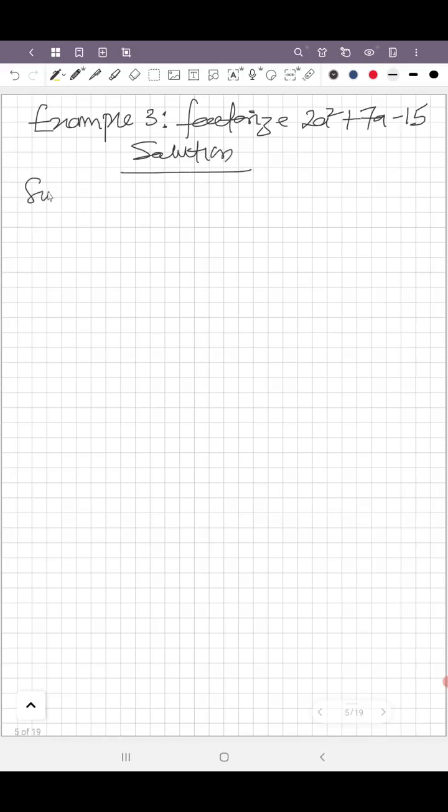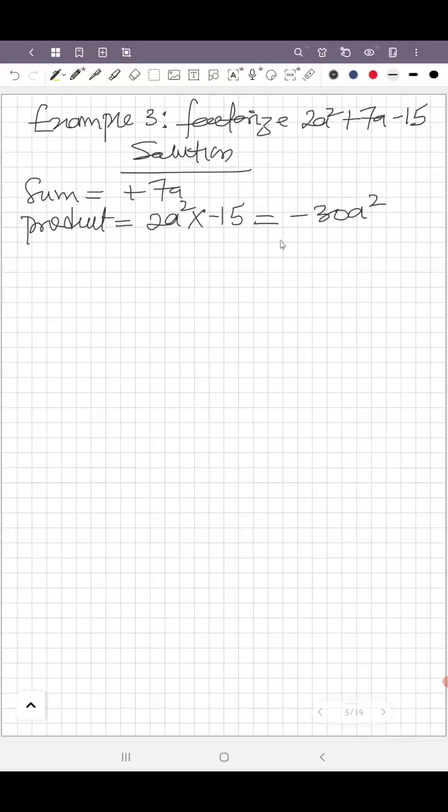Our sum is plus 7a. For the product, 2a² multiplied by minus 15 is equal to minus 30a². So we find the product to be minus 30a² and the sum to be 7a.